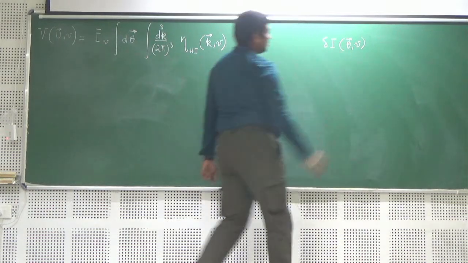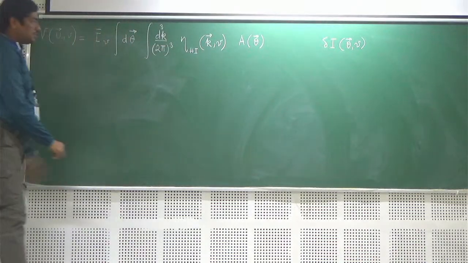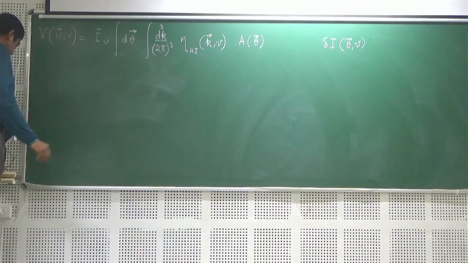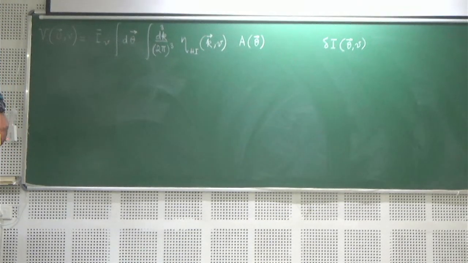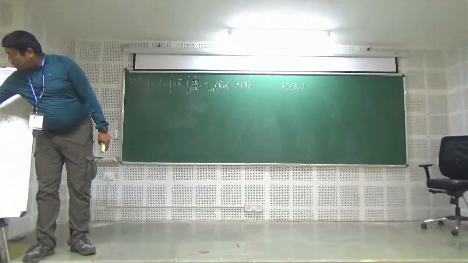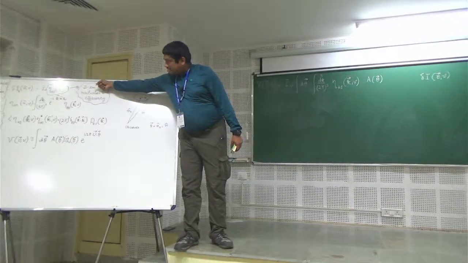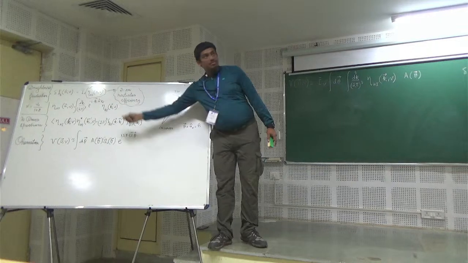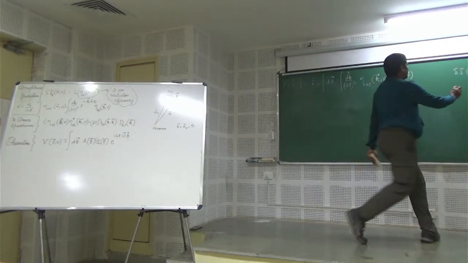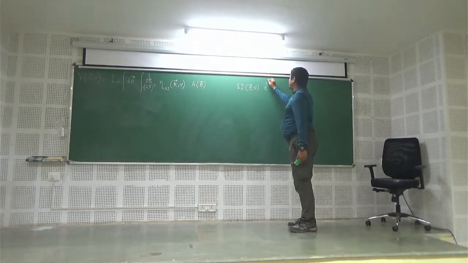So there I have written a suffix nu. I just keep the nu dependence as it is. All that I have done is I have introduced delta I from the first expression. In the first expression, I have eta h1 that I have written from the second expression. And I have forgotten to write down this.